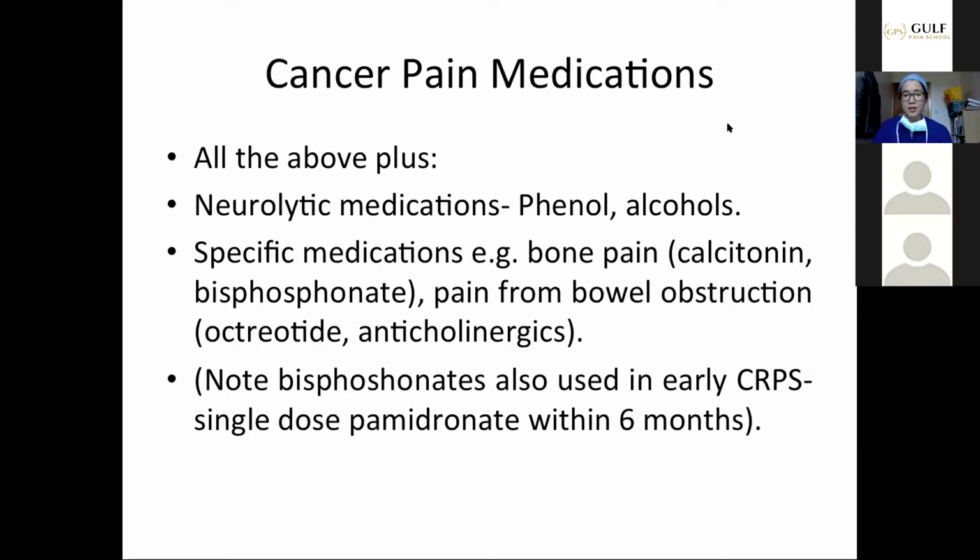There's also use of bisphosphonates in early CRPS in the form of a single dose of pamidronate. I think all of these are quite specialized, so it's unlikely that you get asked this for your basic and intermediate exams.